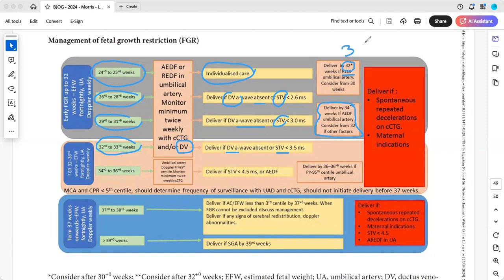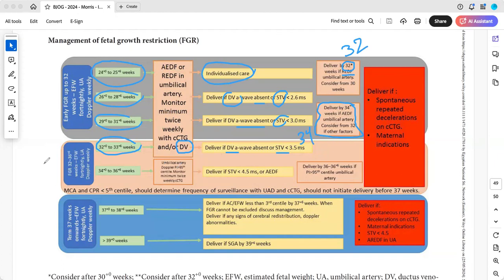So the early FGR can have 32 weeks or 34 weeks according to the umbilical artery, but I can deliver them acutely if I have a problem like ductus venosus or abnormal CTG. Okay, guys? So those are the indications and the timing for the delivery.